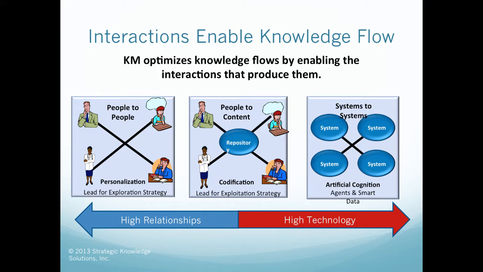That's about making sure that information from one can get to the other. Sometimes it has to go through a human to be put into a new system that doesn't talk to the old system. So let's focus on those bridges because it's much cheaper to build a bridge than it is to build monolithic systems that then all of a sudden are outdated because one part of them changes. High relations on one side, high technology on the other. It's the only way to make knowledge flow in your organization.